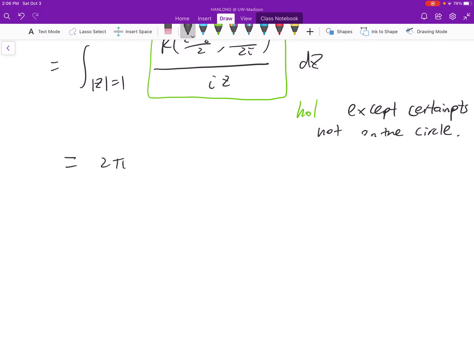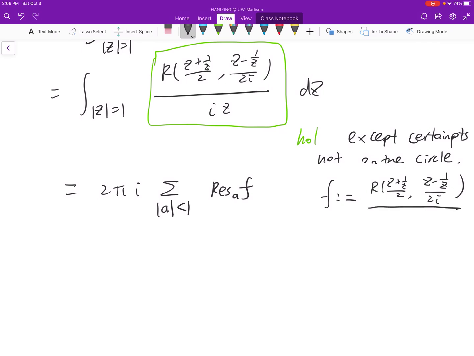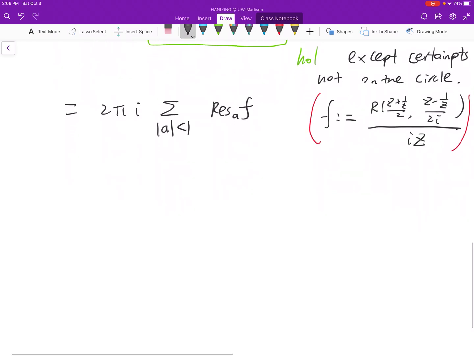So it's 2 pi i times the summation of the residues at A of f, where f is defined to be the function we just wrote. But you need to make sure that you only collect the residues inside the circle.